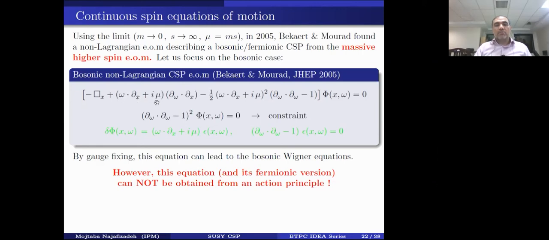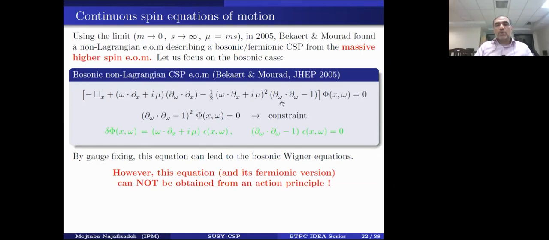However, if you set mu equals 0 here and here, this equation is known as Fronsdal equation, and that equation can be obtained from an action. So the problem that this equation cannot be obtained from an action is this mu. However, there are two ways to obtain an action.